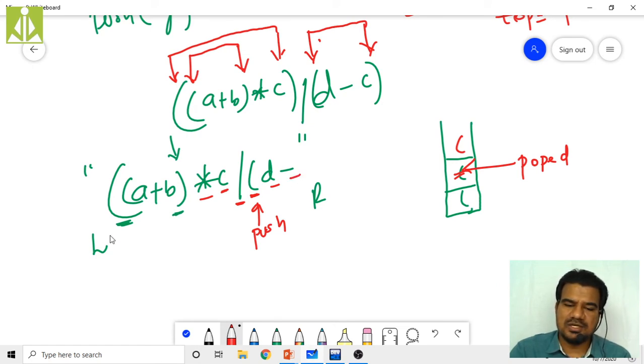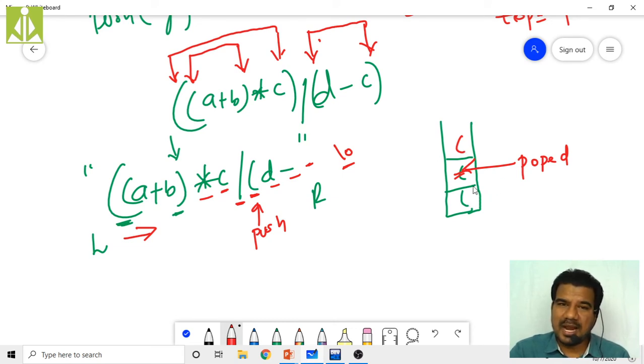Once you have finished scanning all the characters inside your expression, the scanning process stops at the end, where we are going to have the null character. By reading this null character, your compiler will stop the scanning process. Once the scanning process stops, it will check the stack.